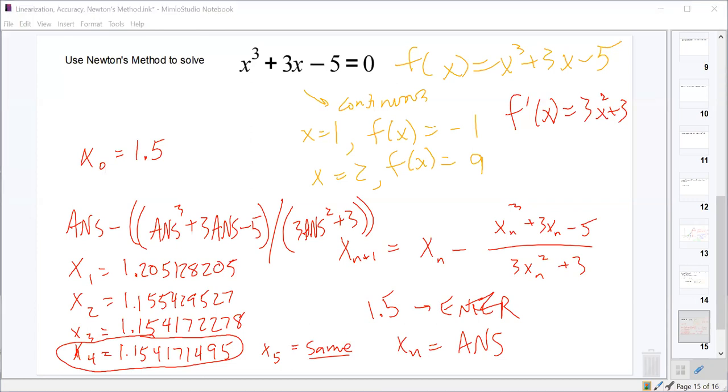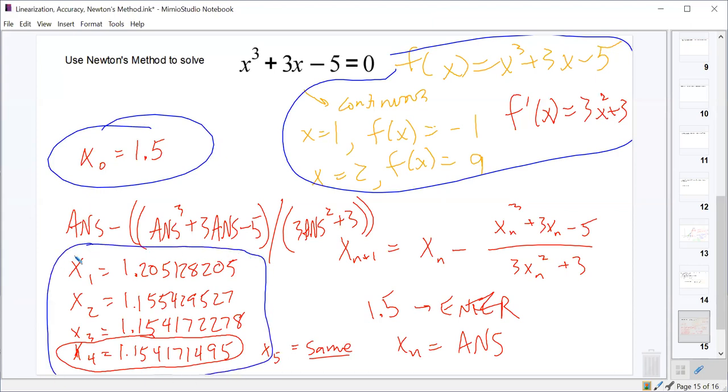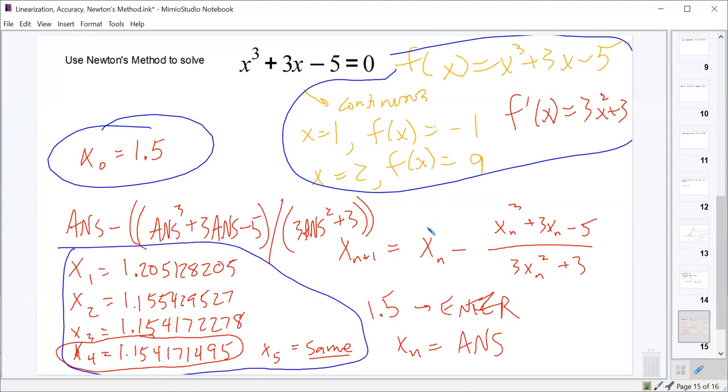And when you do this on your homework, I want to see everything that I'm circling in blue as your work shown. So show me the function, the derivative, explain why it's continuous, explain how you got your first guess, show me all the things that you plugged in, and show me the formula that you used. You don't need to write what you typed into the calculator.